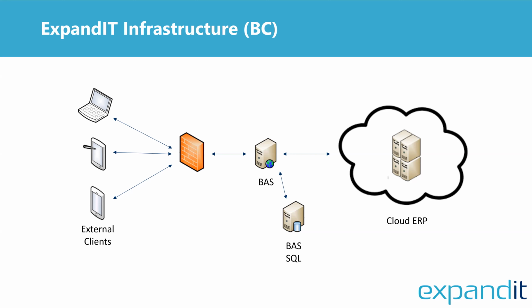The tools visually are all the same, but we're also going to talk about the communication layer. The end result, though, is we still have a centralized BAS middleware server. It still has a BAS SQL server, and whether it's the connection with the cloud ERP or on-premise ERP does not matter at all. It could go down and the BAS can continue functioning, but with the last set of data that it had pushed or pulled.